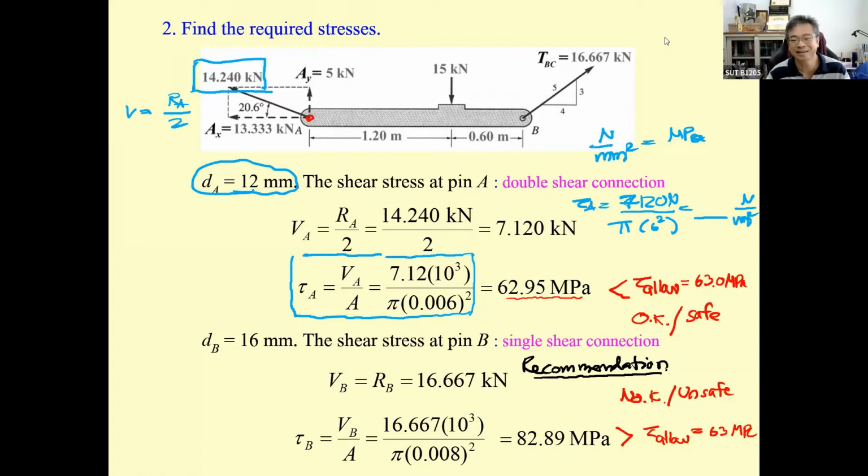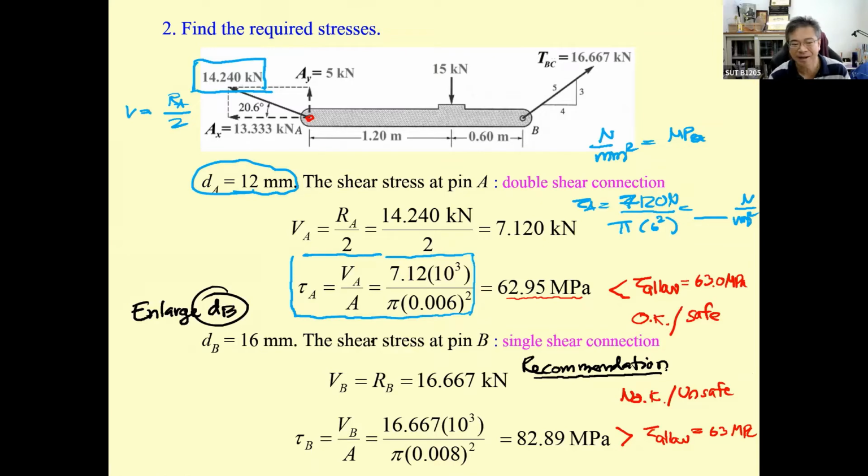By doing this, you're going to recommend to make the section larger. By making the section larger, you enlarge D sub B. How do you know what D sub B is going to be?